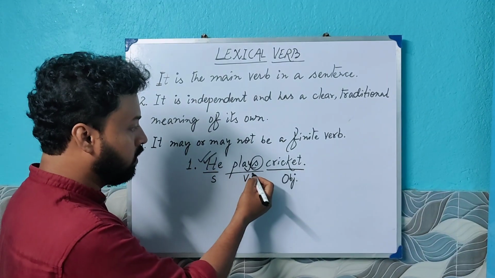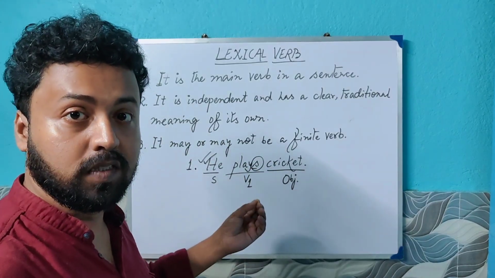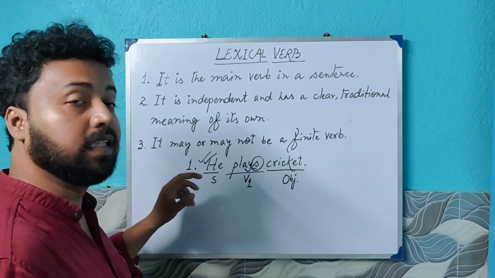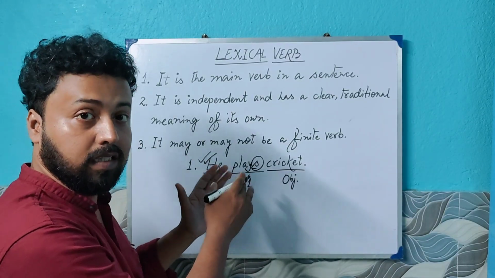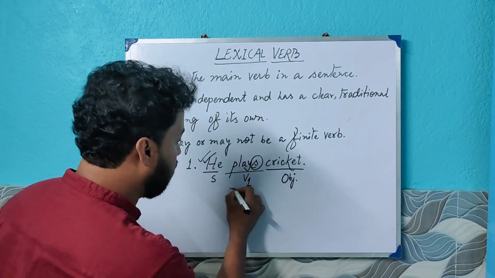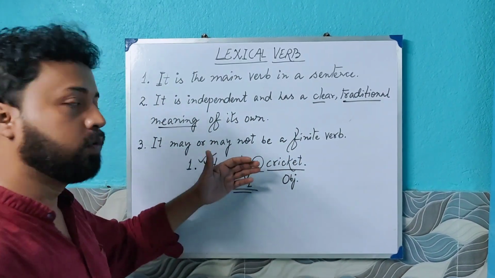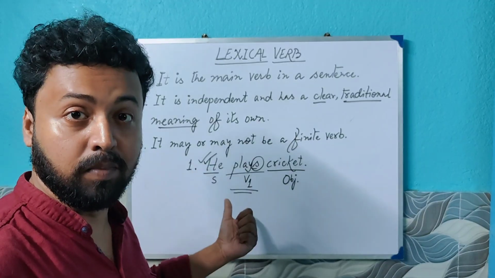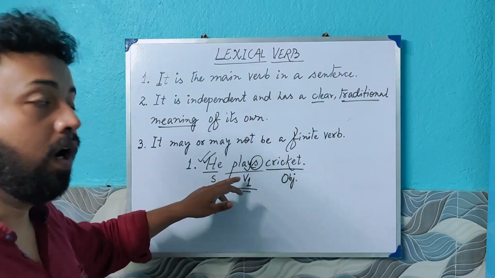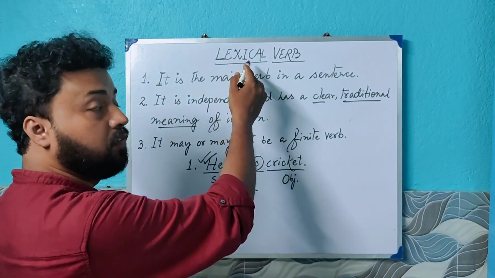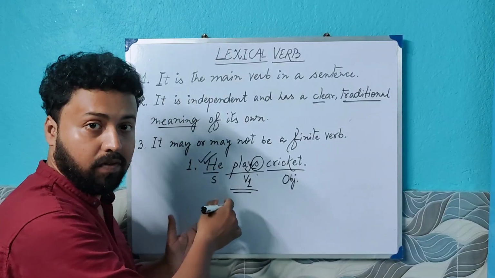So this verb shows tense, that it is in simple present, also shows the number, that the subject is singular, and person, that the subject is a third person. So in this case, this lexical verb that carries a clear traditional meaning also shows tense and number and person, right? That's why in example number 1, the verb plays is a lexical verb and a finite verb.